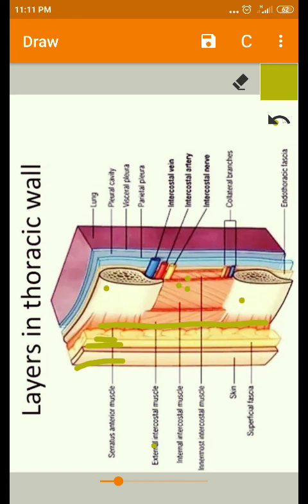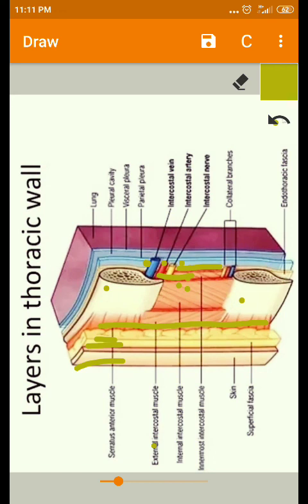After that, the muscles are external intercostal, internal intercostal, and then the vein, artery and nerve. So this is the order of arrangement: vein, artery and nerve from above downwards. After that, another layer of muscle, that is the transversus thoracis muscle. So this is called the thoracic wall proper.